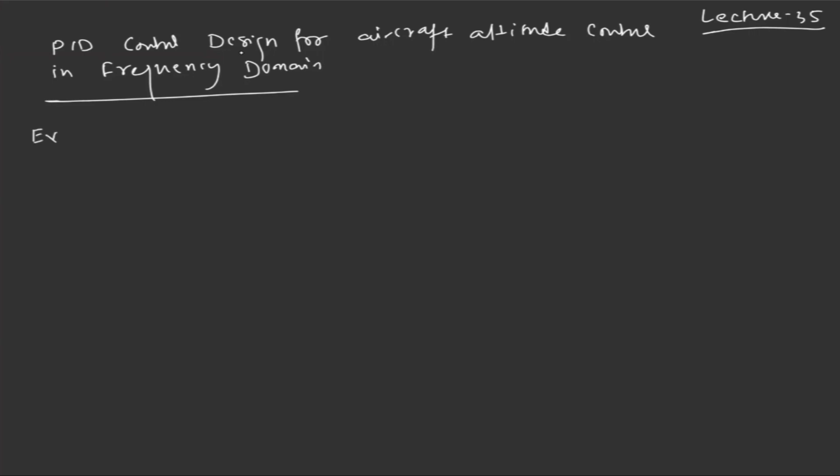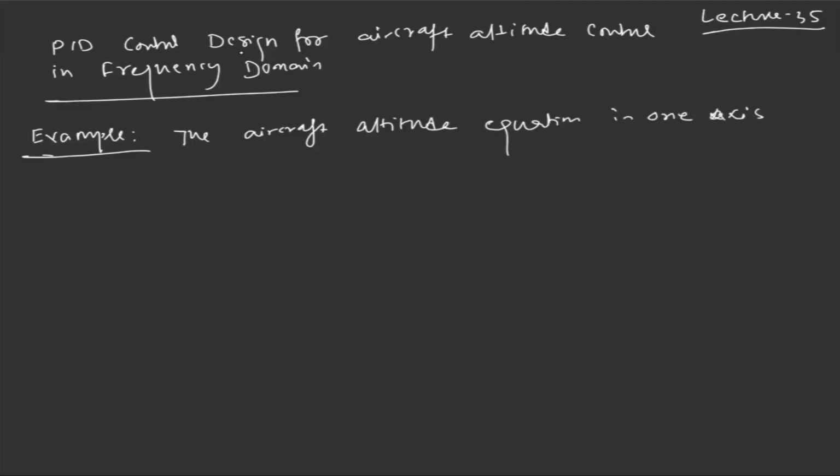Example, the aircraft attitude equation in one axis can be written as I y double dot equal to u plus disturbance acting on the system.